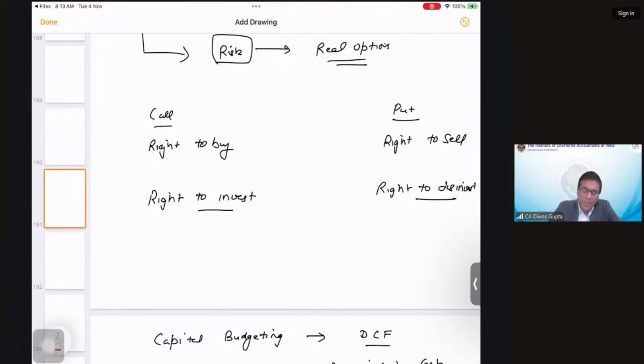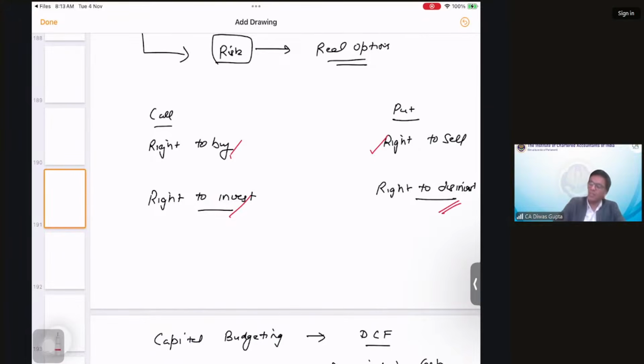So similar to a call option, which gives a right to buy, and a put option, which gives a right to sell, a call option for a real option becomes the right to invest. That means you have an option to invest now. For example, you are contemplating whether you should invest today or invest 1 year from now. That is a call option if you want to invest 1 year from now.